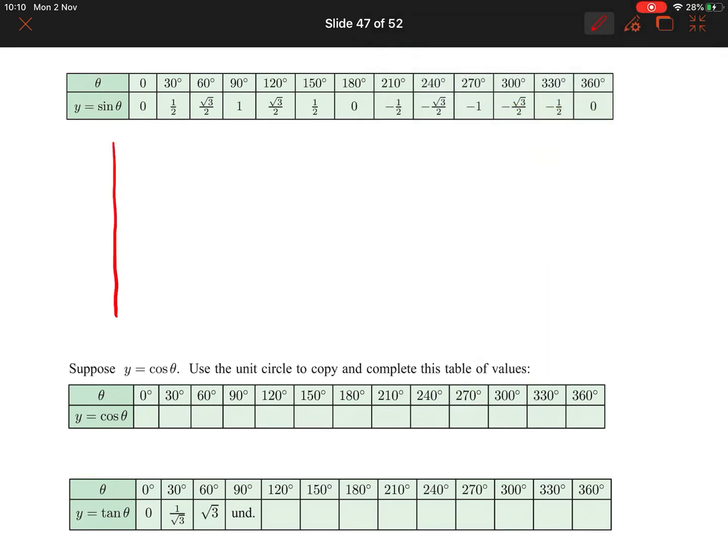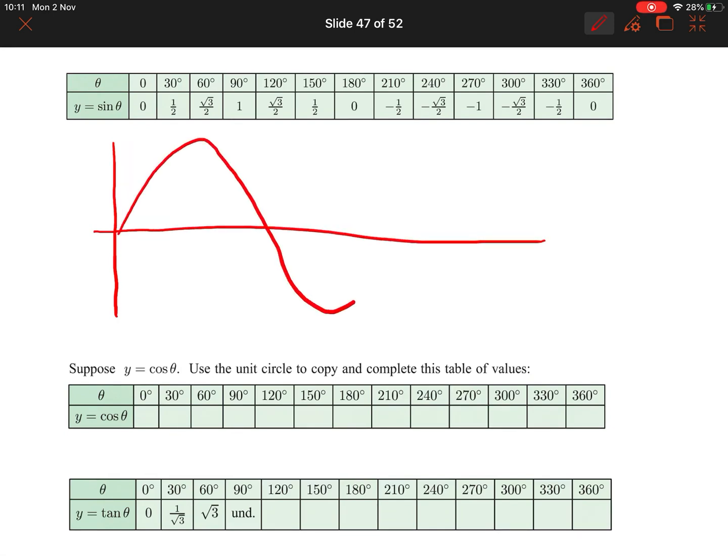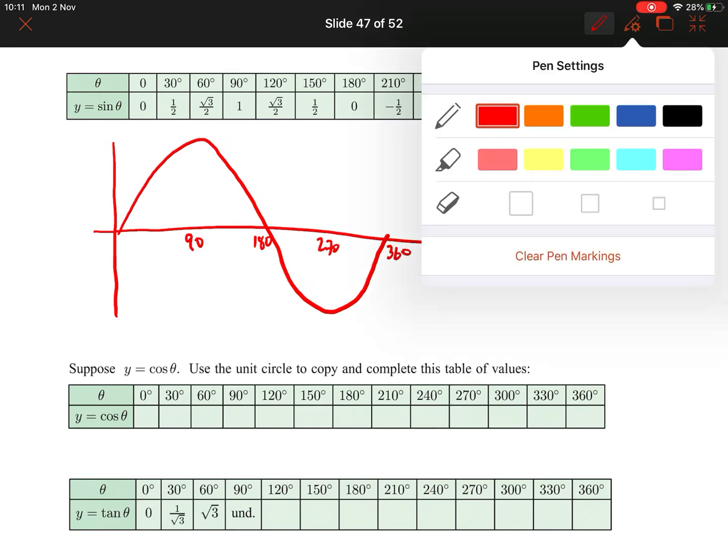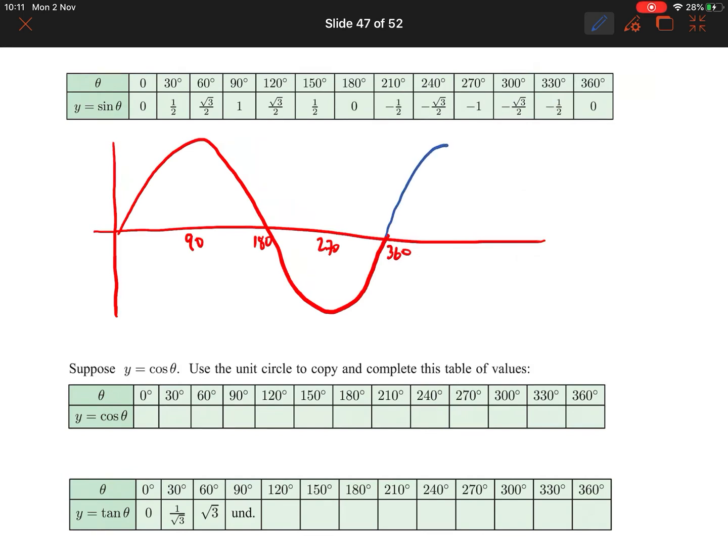I'm going to draw it again in a rough way. So the graph of y equals sine x looks like this. That will be 90, 180, 270, 360. You should know that it looks like that. And it will actually carry on forever.